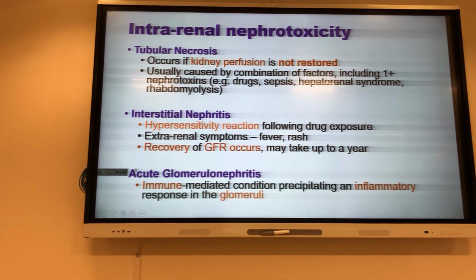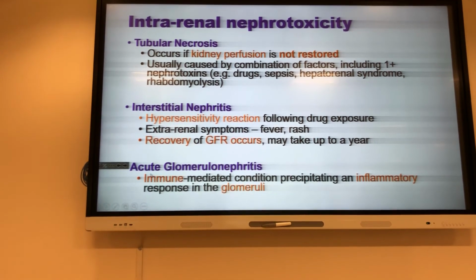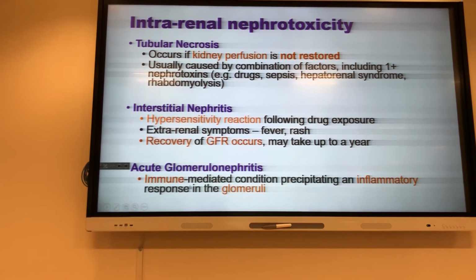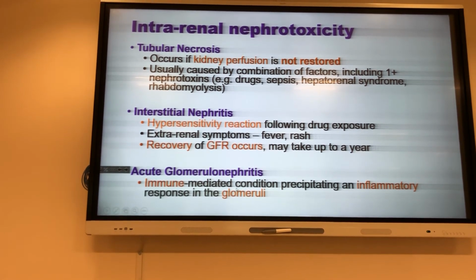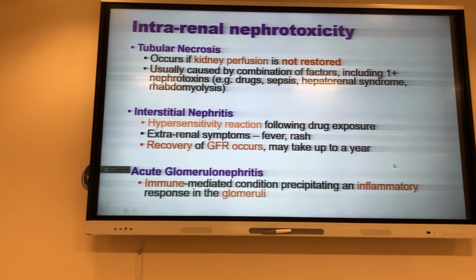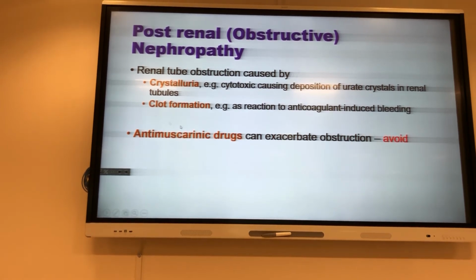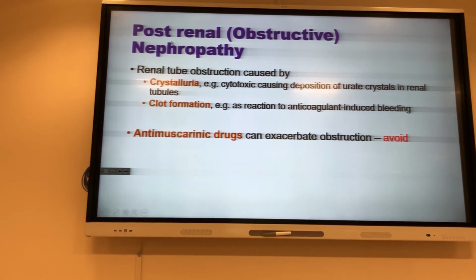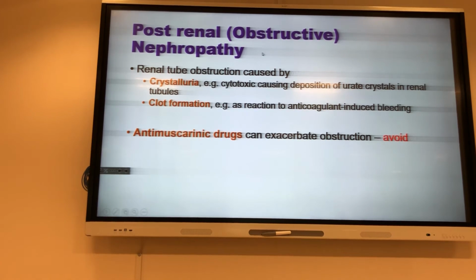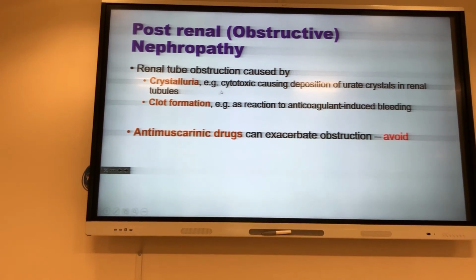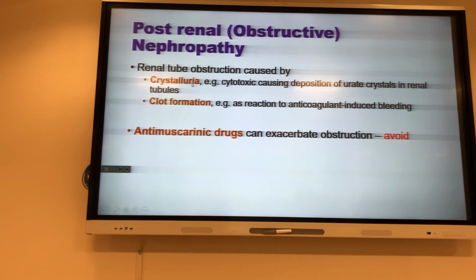Another insult is acute glomerulonephritis, an immune-mediated condition triggered by an inflammatory response to the glomeruli. Then there is post-renal drug-induced nephrotoxicity, which usually occurs with drugs that cause renal tube obstruction, like crystal uria.